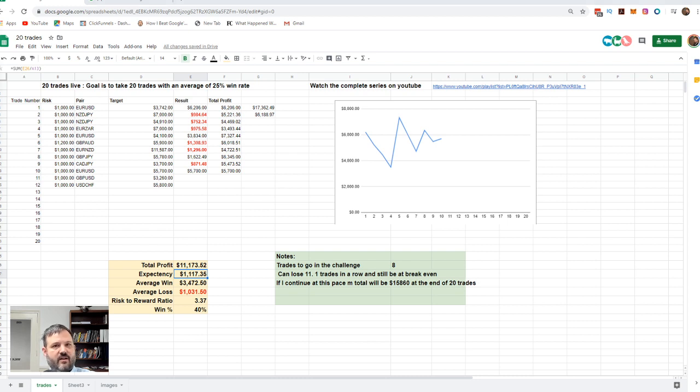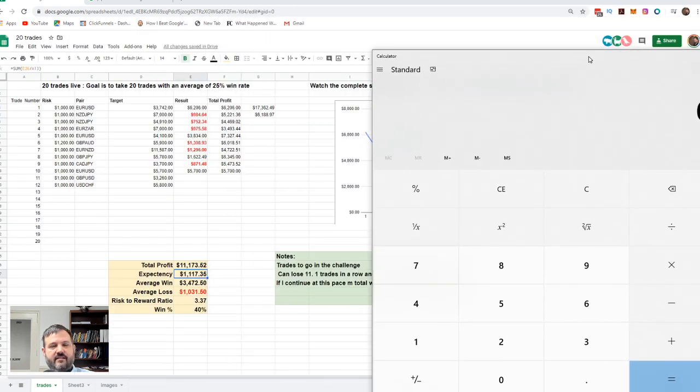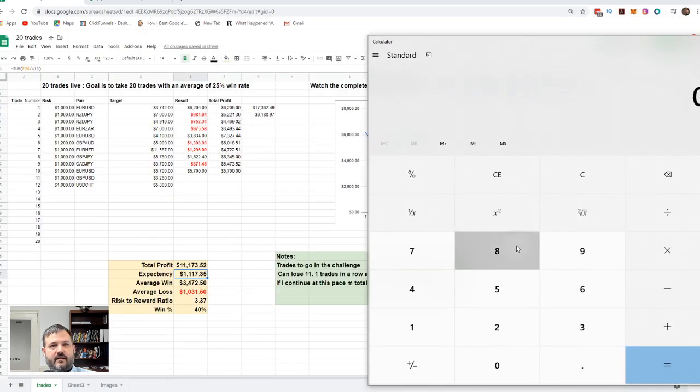So 117.35 times 8 equals $8,938, plus the 11,000 I already made, 11,173.